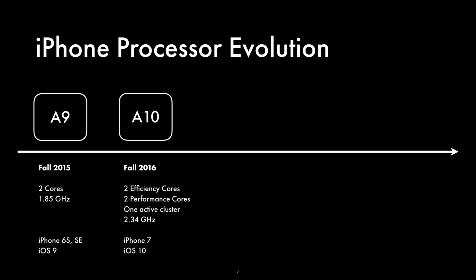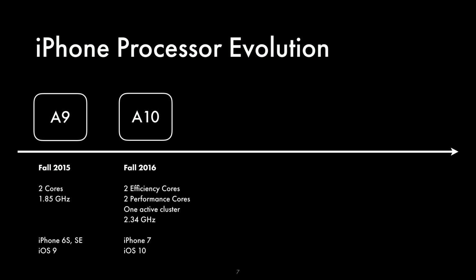And here's where a sort of paradigm shift began to occur. So instead of just being dual core, this thing actually had 4 cores in 2 clusters. So there's an efficiency cluster and a performance cluster. And only one or the other can be active at a time. So you couldn't have 4 threads on 4 cores simultaneously. You could only have threads on one of the 2 clusters at a time.